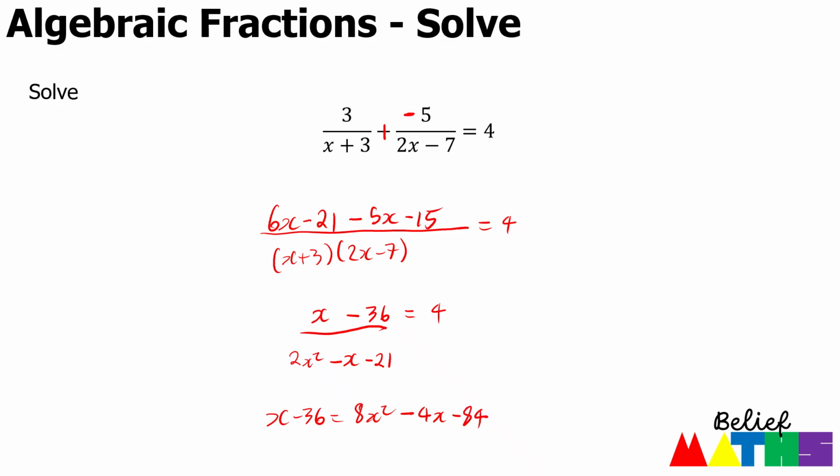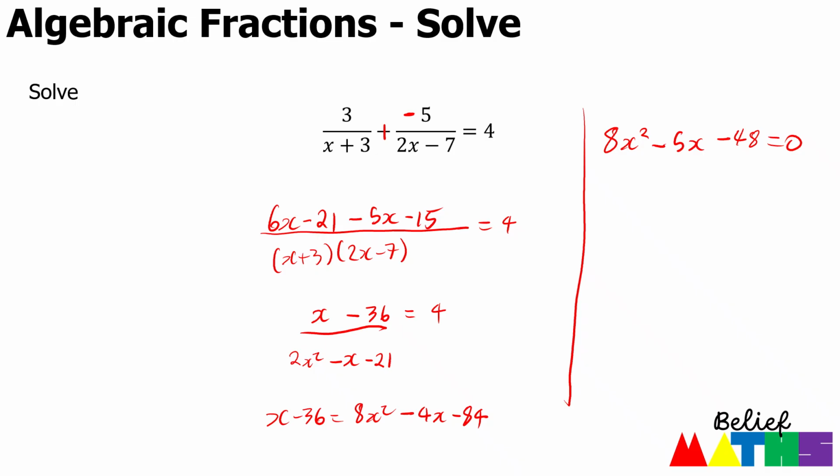And because we've got a quadratic, we want it to equal 0. So by rearranging that, I put it over here, we get 8x squared minus 5x. And because we're subtracting negative 36, or adding 36, we get minus 83 plus 36, which gives us minus 48 equals 0.